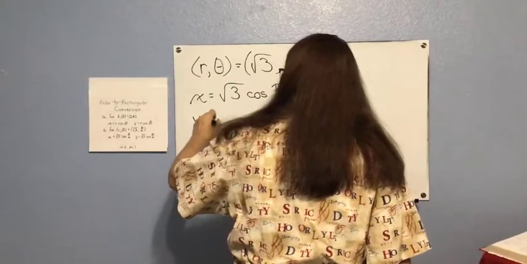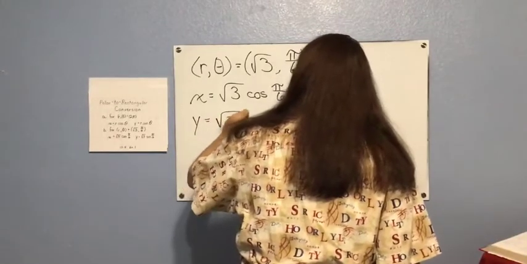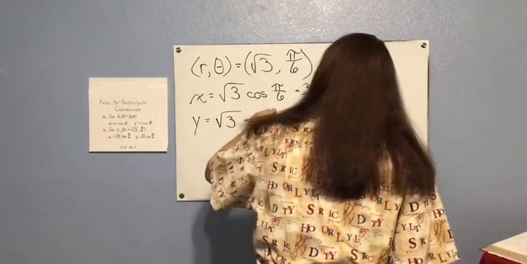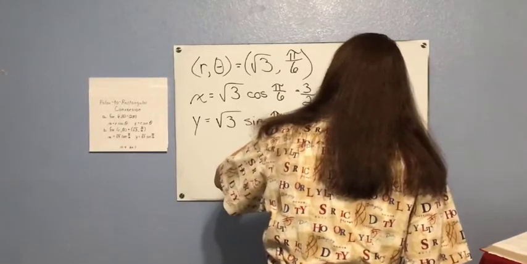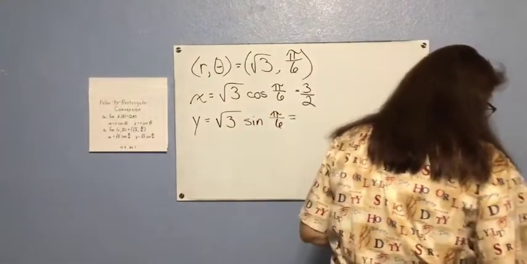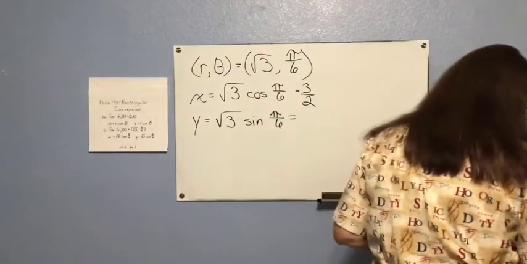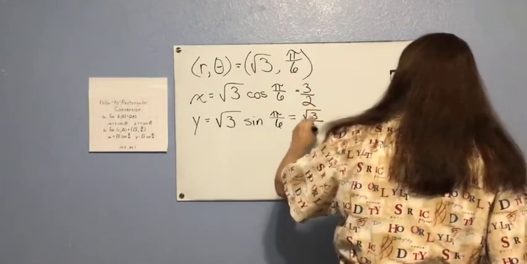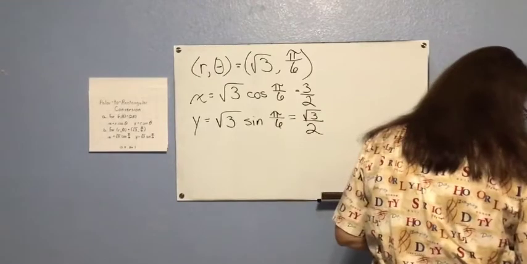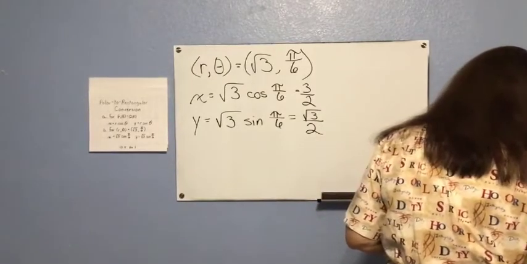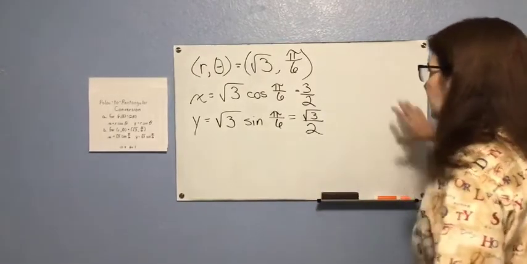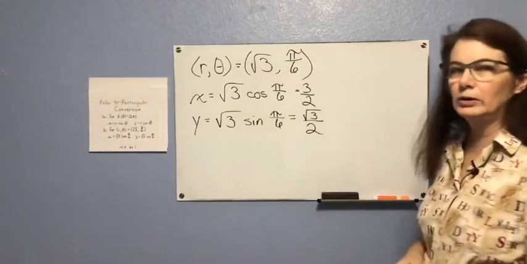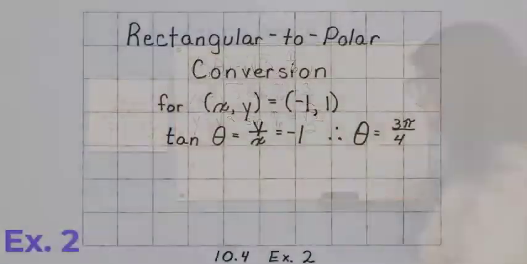My y is going to be square root of 3 times the sine of pi over 6, which is going to give me square root of 3 over 2. So that's how we convert from polar to rectangular.